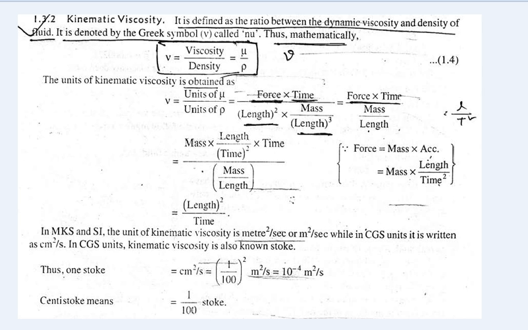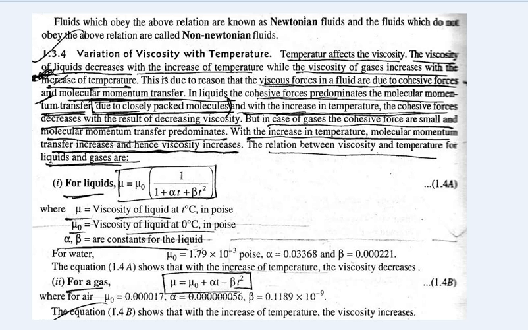What is mu? It is the dynamic viscosity. The du by dy is the rate of shear strain, and tau is the shear stress. That is what Newton's law of viscosity states.